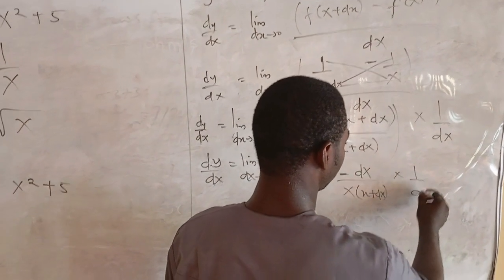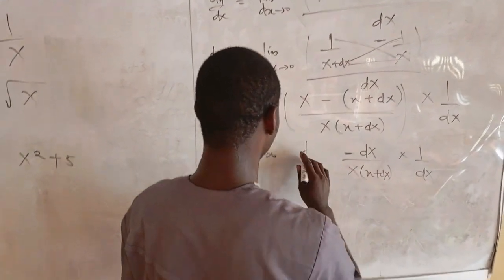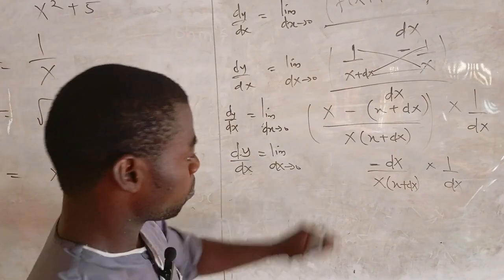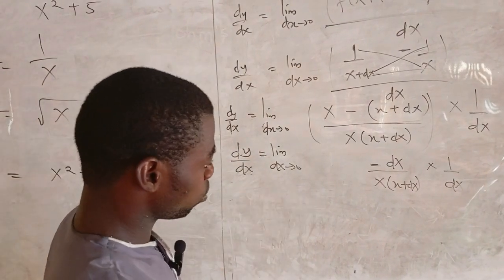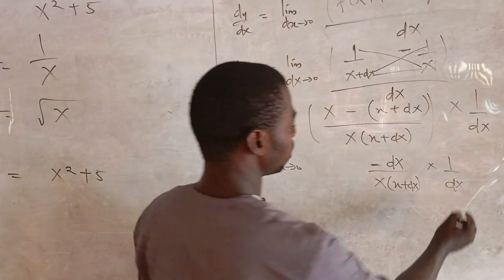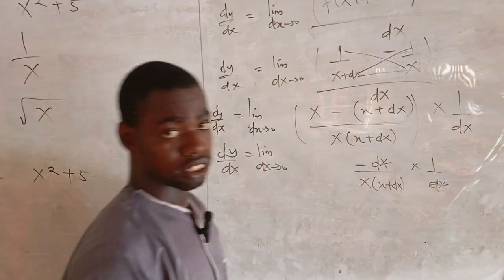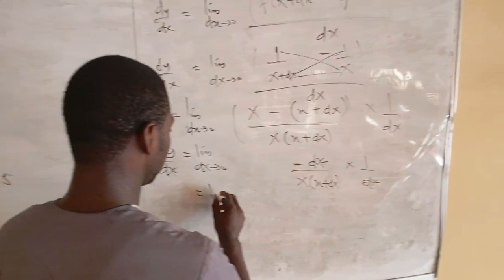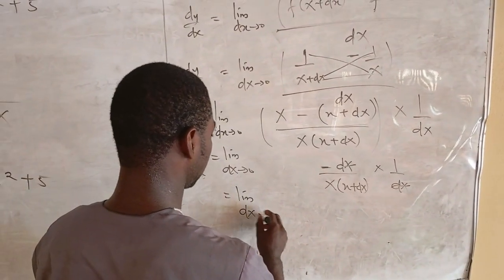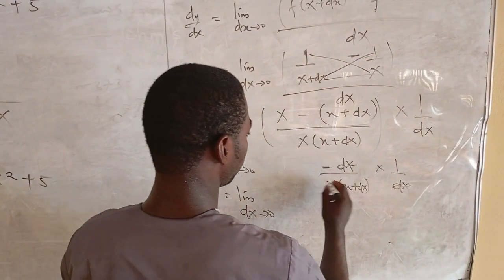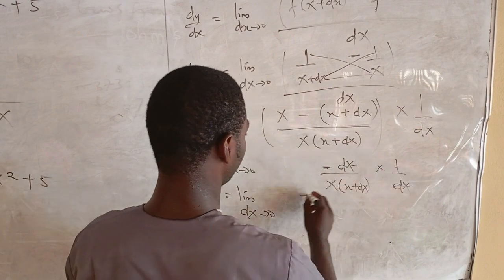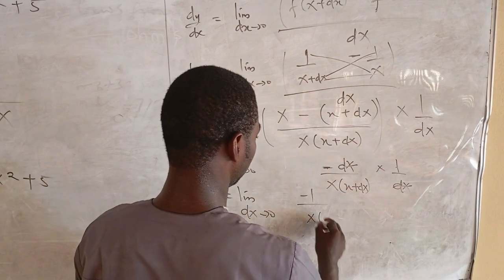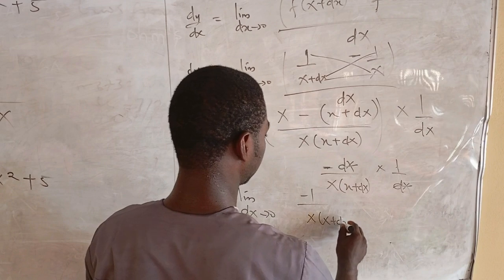Times 1 all over dx. Remember our limit as dx approaches 0, right? So this is what we have. So this can cancel out with this. Okay, so what are we left with? We are left with the limit as dx approaches 0 of minus 1 all over x into x plus dx.